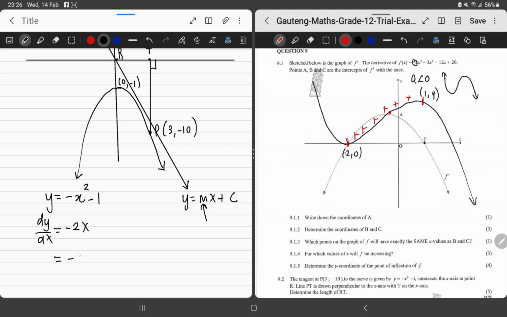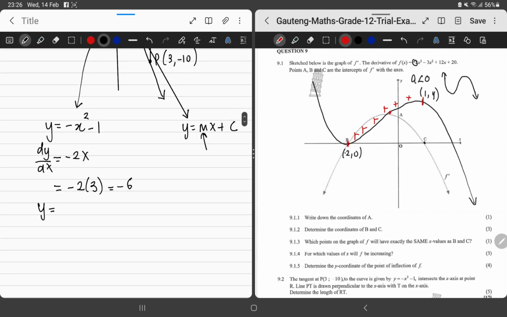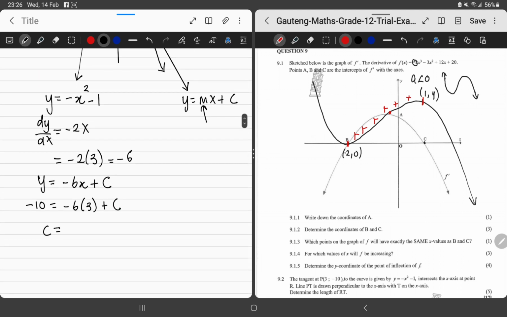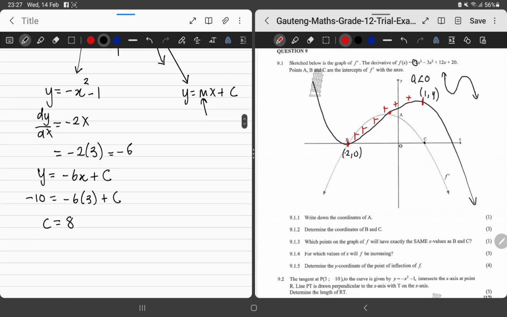So I'm going to substitute the 3 there. So the gradient is -6. y = -6x + c. And I'm going to substitute the point P: -10 = -6(3) + c. So c = -10 + 6 times 3, which is 8. Okay, that's fine.